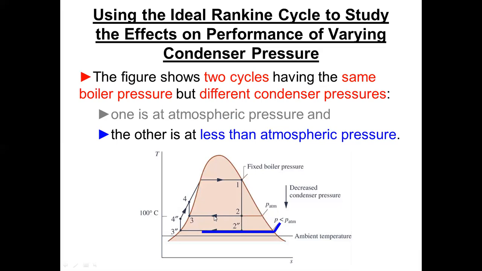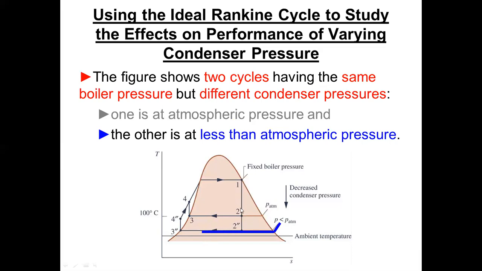But if we can go down to subatmospheric pressure, in US units this is typically 1 psia or so, the temperature goes down to about 110 Fahrenheit. 110 minus 32, divided by 1.8, so it's about 30 or 40 degrees C, which is what we would have down here. That will help our efficiency.